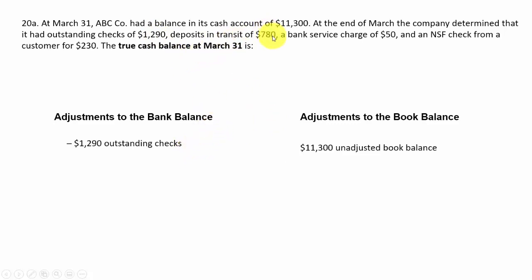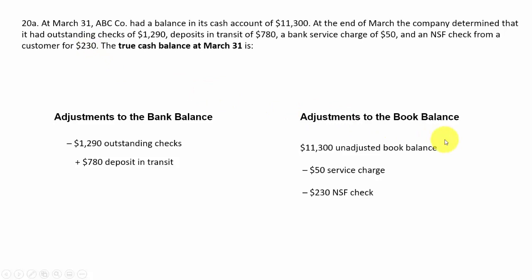Deposits in transit were 780. That's also an adjustment to the bank, an increase by 780. Bank service charge would be $50, and that's something the books don't know about, so we'll reduce that on the book side.